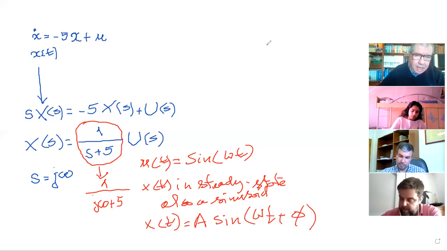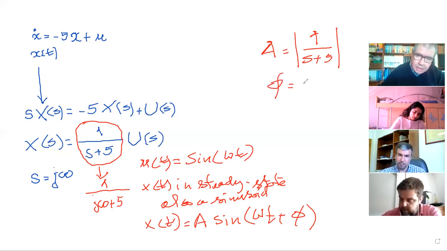A is the modulus of 1 divided by s plus 5, and phi, the phase, is the argument. This is not s, this is j omega. Okay?